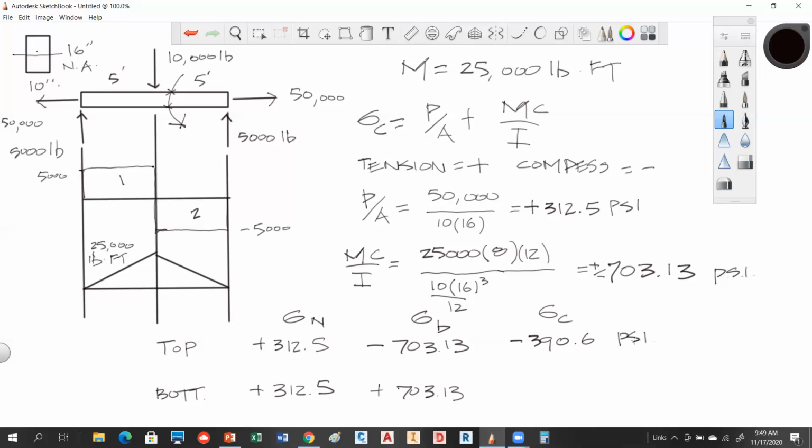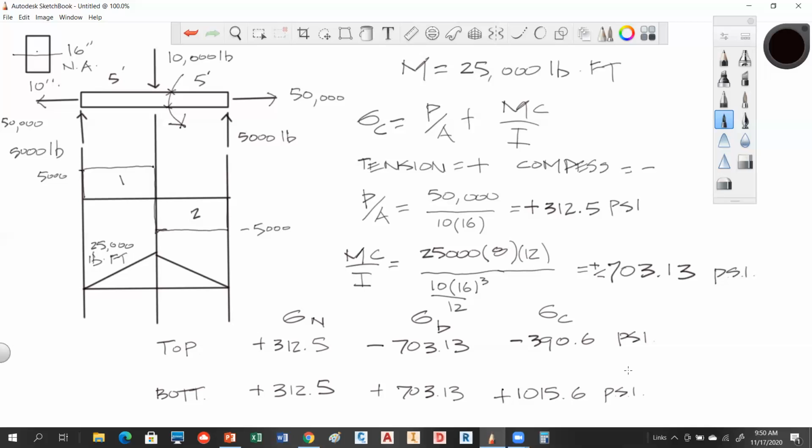That's all. And at the bottom, we have a positive, and this would also be psi. So the maximum point of stress is at the bottom, but it happens to also be a tensile stress.